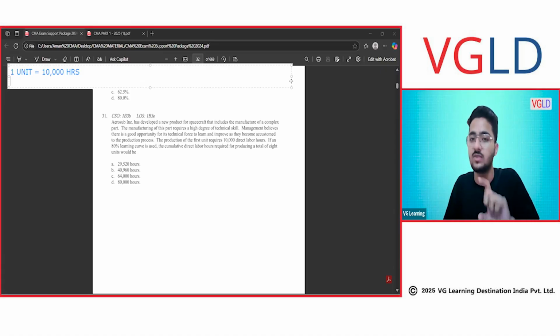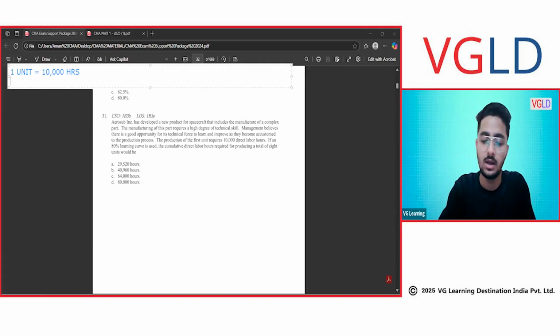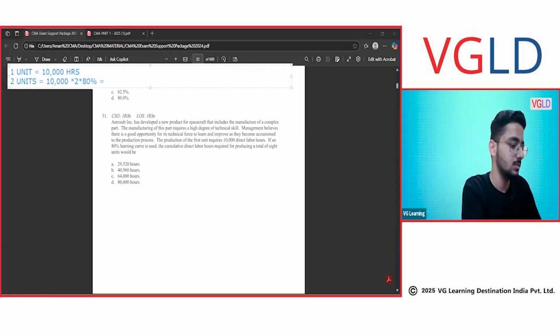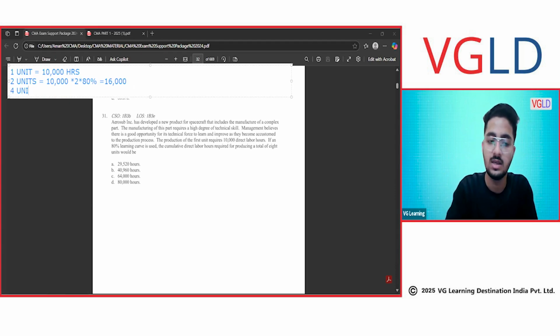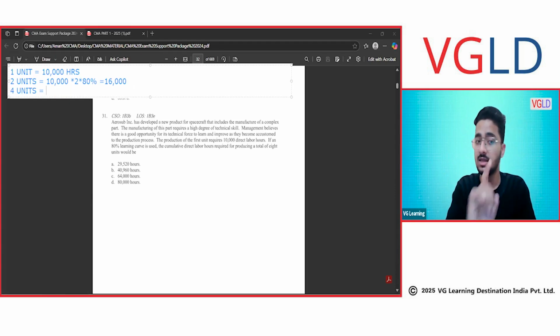So I have two methods. First, we will find out the single one and then the double one also. Okay, double it, 2 units: 10,000 multiplied by 2 multiplied by 80%, that is somewhere around 16,000. Then 4 units. This is actually the average one.